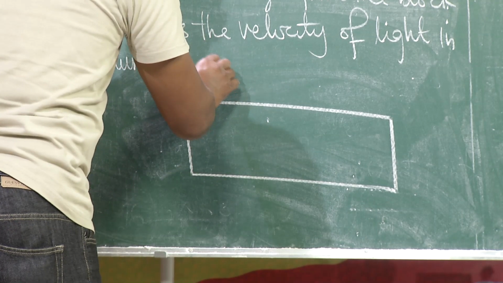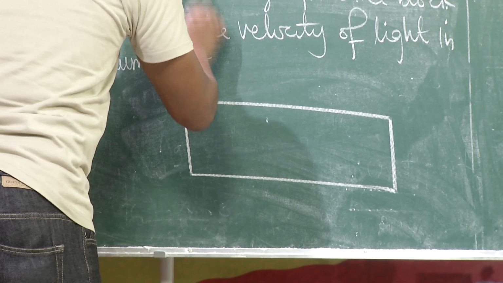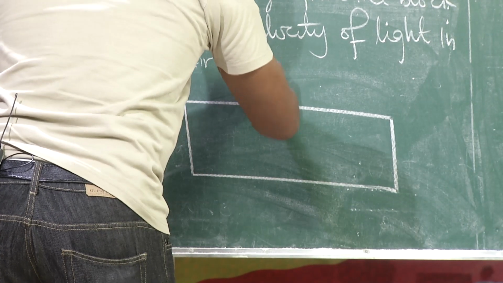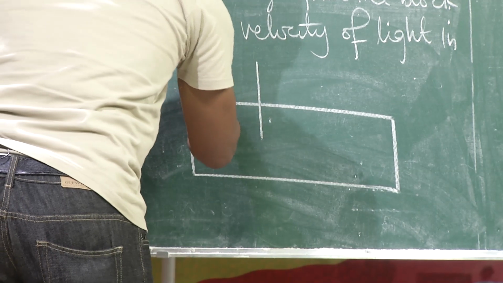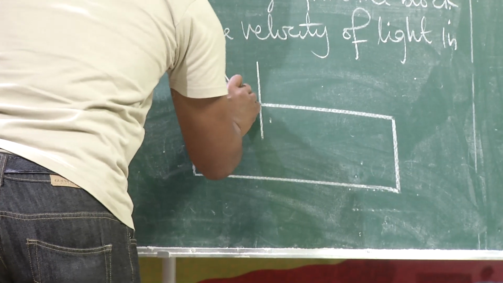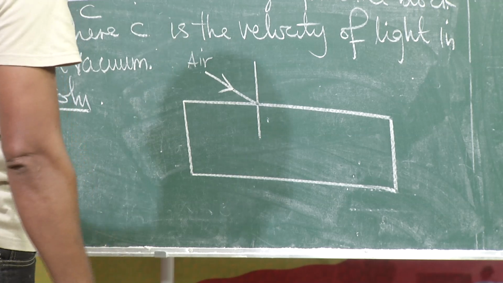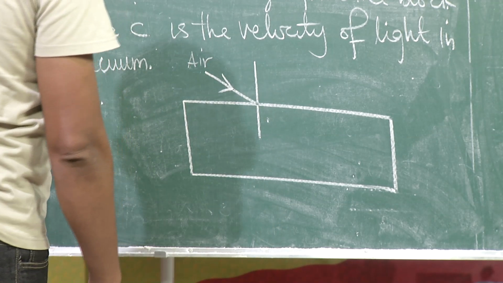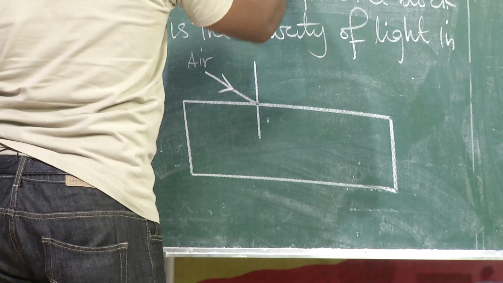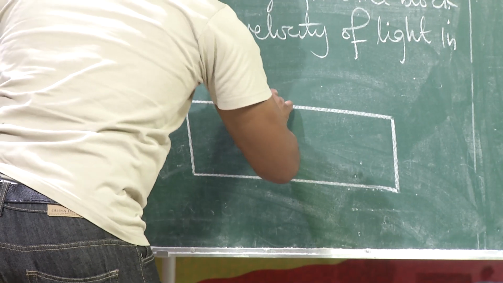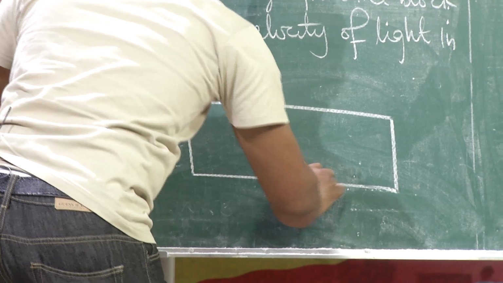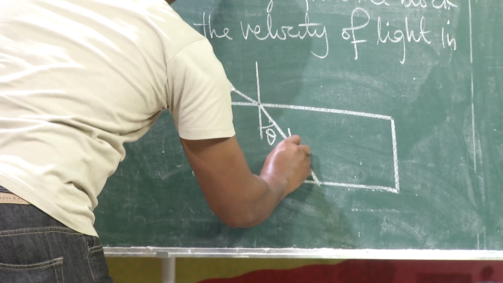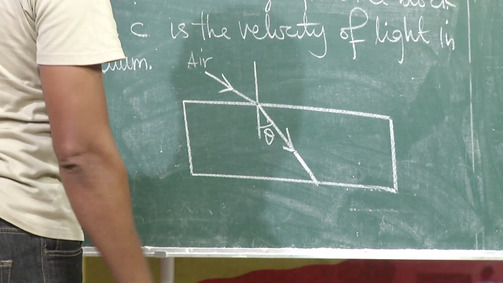So that means this is air, which we are going to treat as our vacuum. And if we have light that is incident here, they are telling us that this light is refracted at an angle theta. So it is refracted here, and this angle is theta. We must remember to put an arrow.